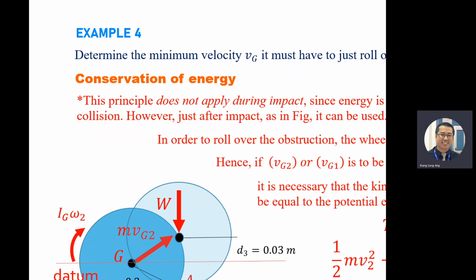So potential before is 0, because this is your datum. Then kinetic after at 3 we put as 0, because it has reached the maximum point already. Then it's like tumbling over. So velocity at 3 starts to be 0. Then potential mgh, here we use d3. Okay. So you solve the unknown, you will get the omega. Okay, you get the omega, and then you get the v1.